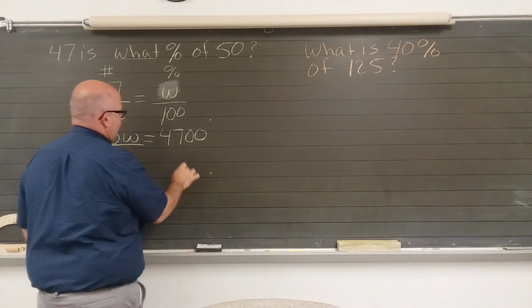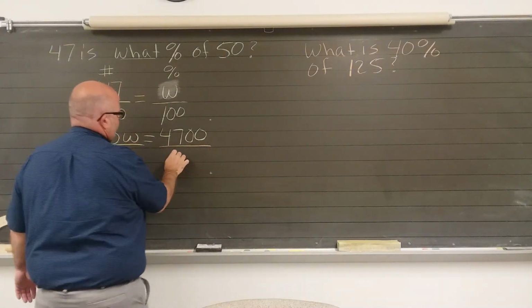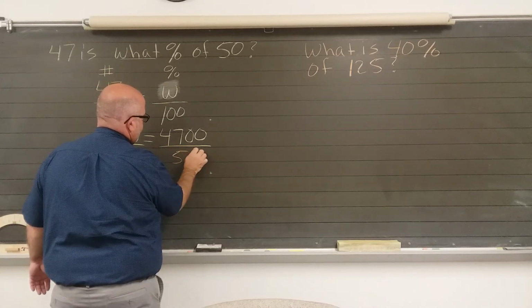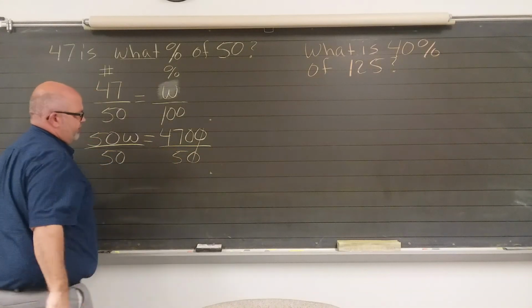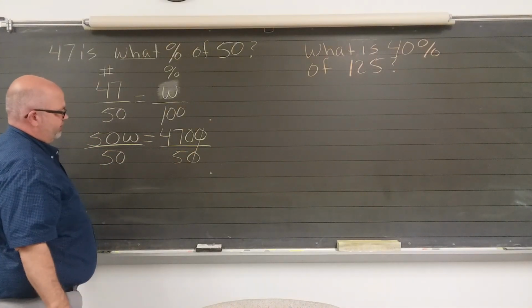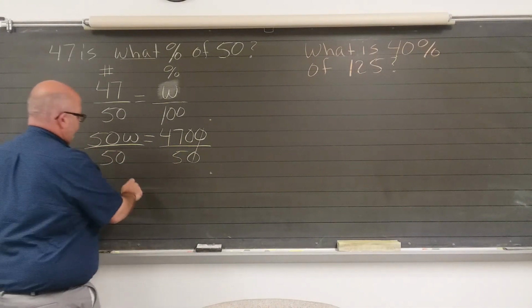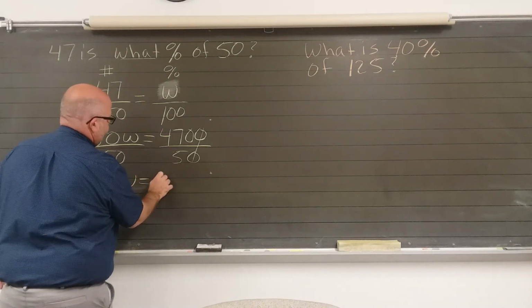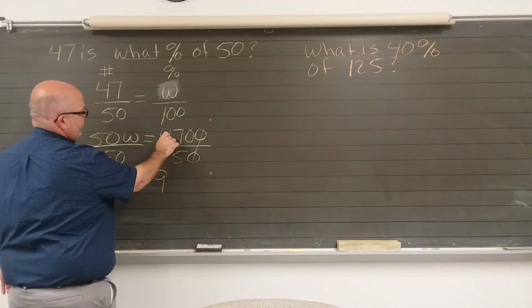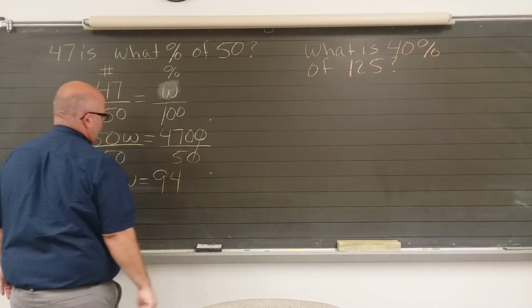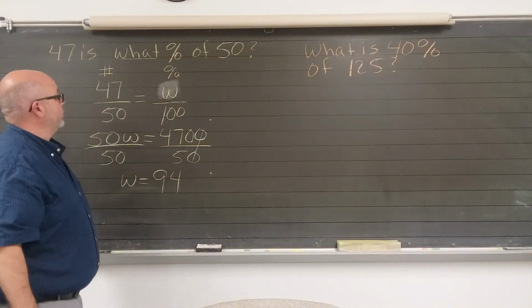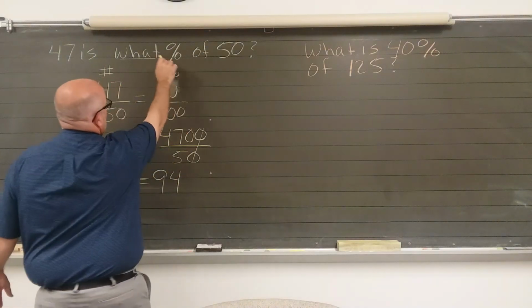All you have left is W, 4,700 divided by 50. You can hack a 0 off. 5 into 470. 5 into 47 is 9, that gives 2 left, 20, 94. So W equals 94, and it's what percent?